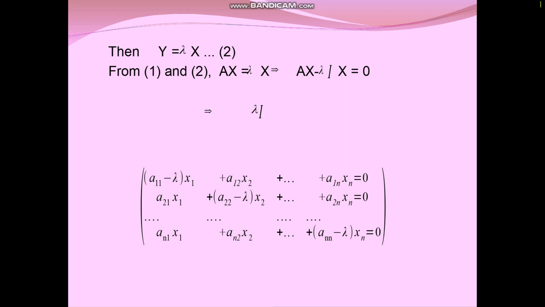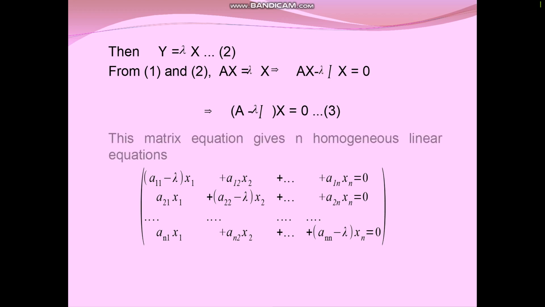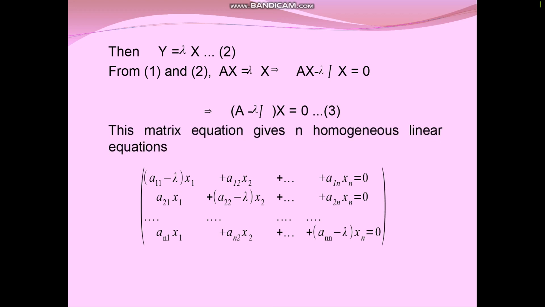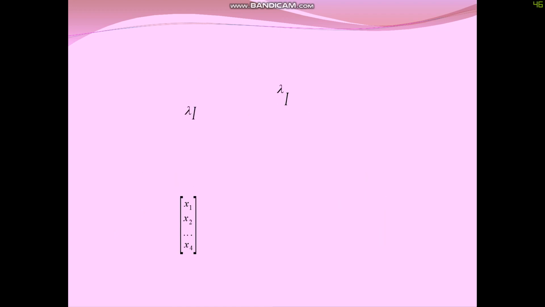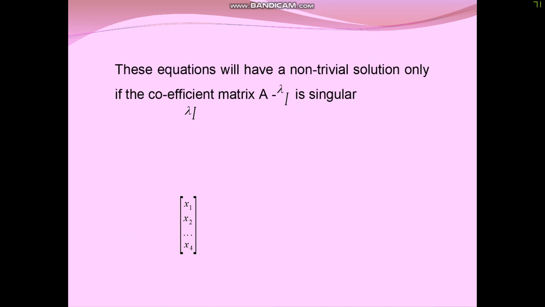Now A minus lambda I times x equal to 0, equation 3. The matrix equation is a homogeneous linear equation. This equation will have a non-trivial solution only if the coefficient matrix A minus lambda I is singular.